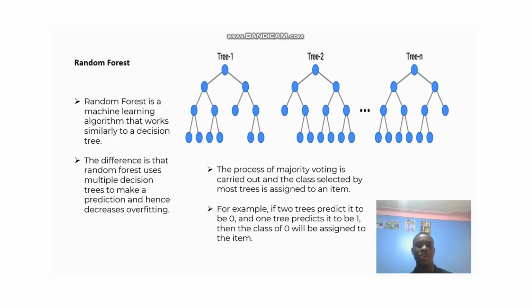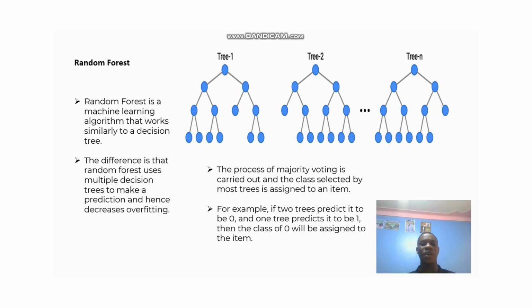So further, we have random forest. This is a machine learning algorithm that combines multiple decision trees, so that the decision made by the majority vote is the one that is considered.